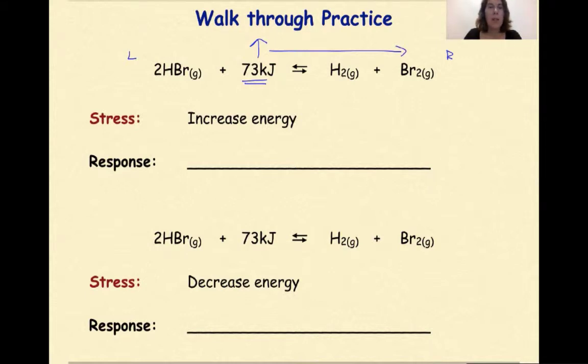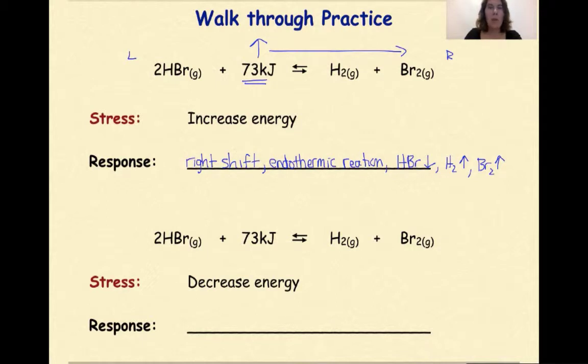So the response here is going to be a right shift. An increase in energy is the same thing as an endothermic reaction. As a result, my amount of HBr will decrease as we're using reactants to form more products. The amount of H2 will increase, and the amount of Br2 will also increase as we are shifting to favor the formation of more products.